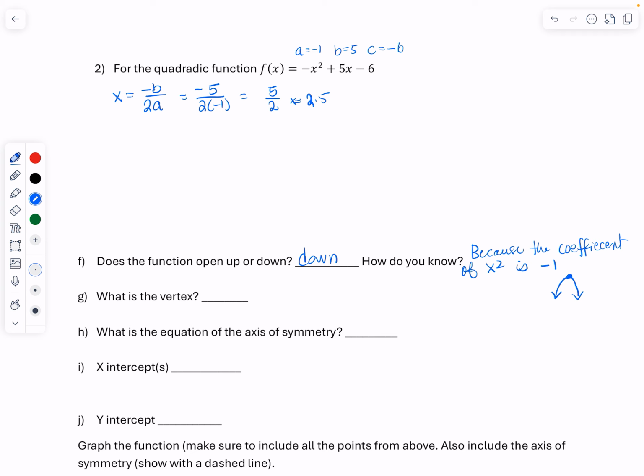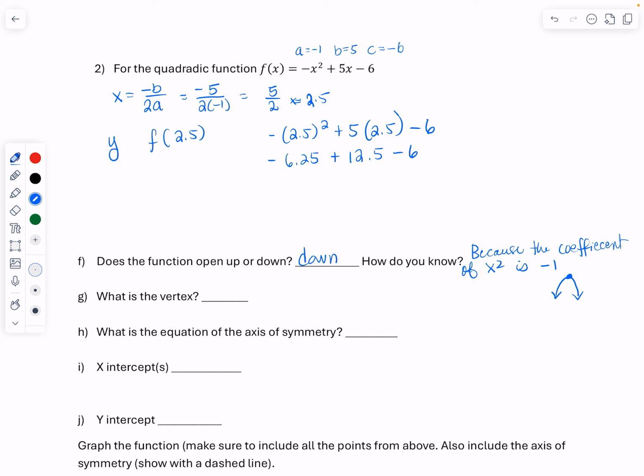Now I have to find my y value. So I'm going to plug this into the original formula. So the function at 2.5: negative 2.5 squared plus 5 times 2.5 minus 6. Now I need to find out what 2.5 squared is. 2.5 times 2.5 gives me negative 6.25, plus 2.5 times 5 equals 12.5, and I'm going to subtract 6 off of that.